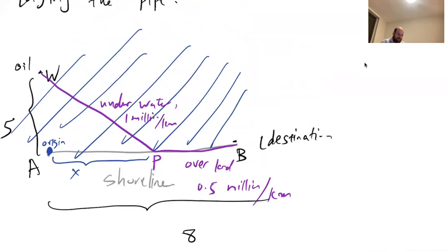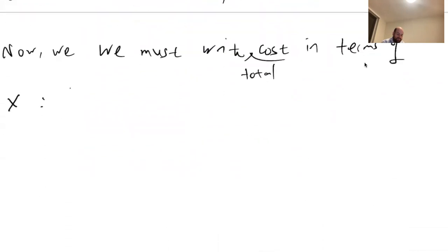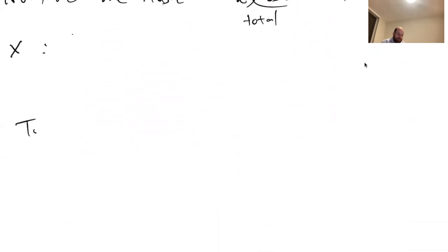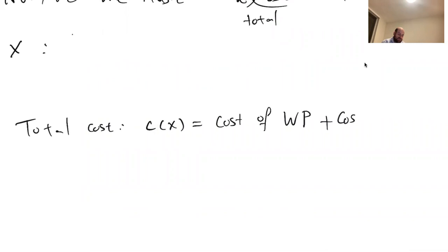The total cost is the cost of constructing the pipe from W to P and then from P to B. So total cost, say C of X, will be equal to the cost of WP plus the cost of PB.